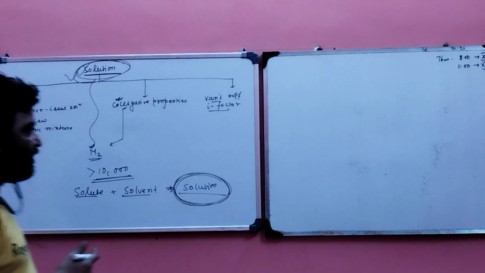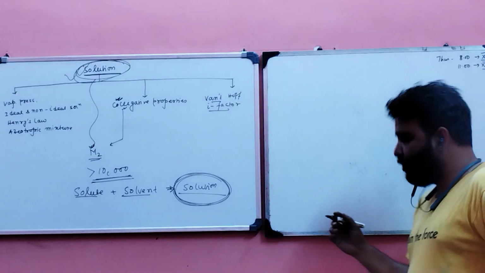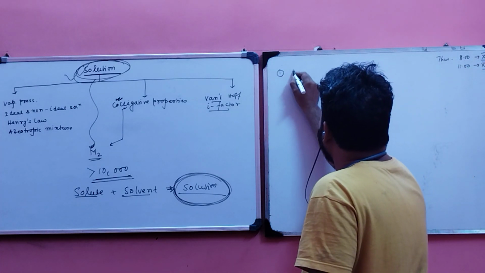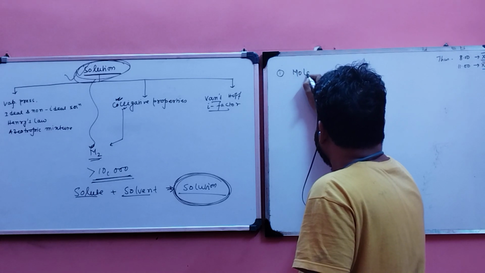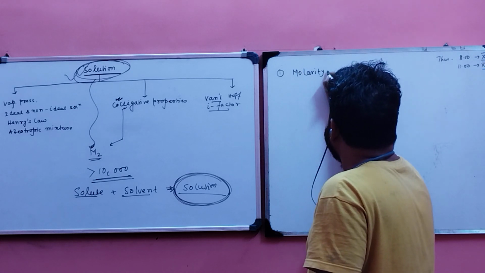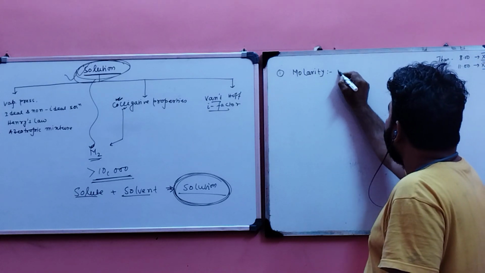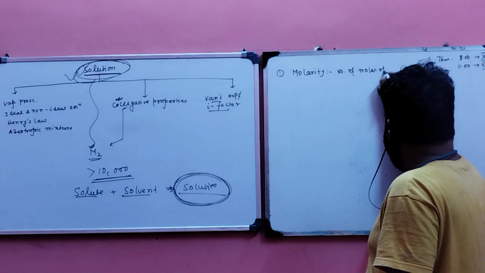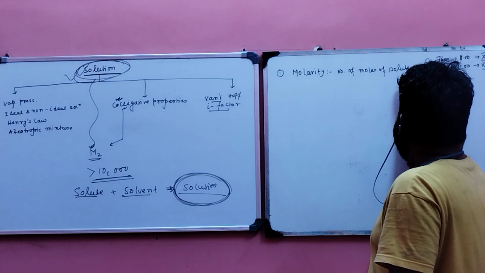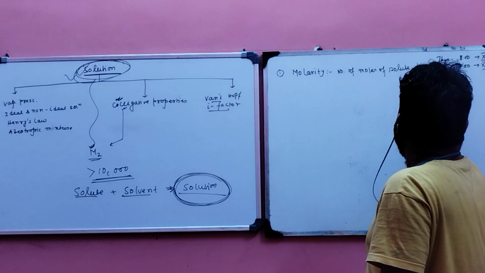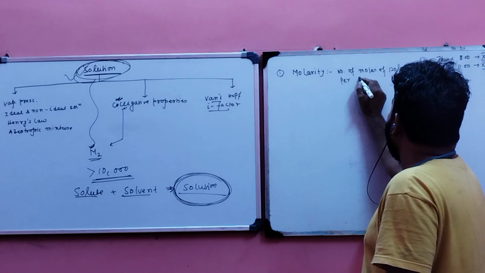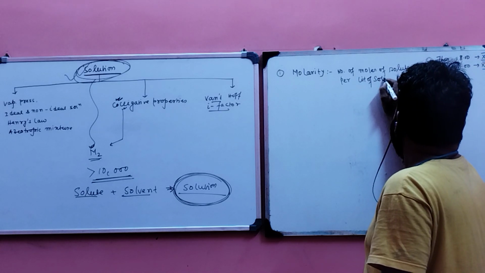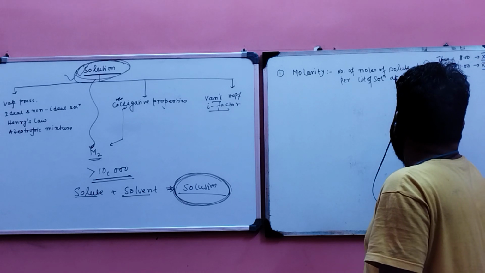That is already done in class 11. Basically, two terms are required. One is molarity. Molarity means the number of moles of solute present per liter of solution at a constant temperature.